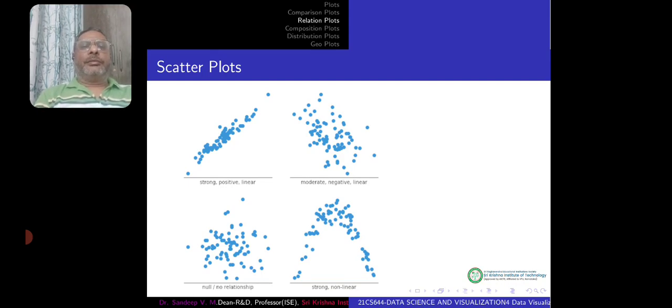The left bottom, if you look at it, so we don't find any relation between the x and y axis. We don't find any pattern on that, so we can say that there is no relationship between input and output.